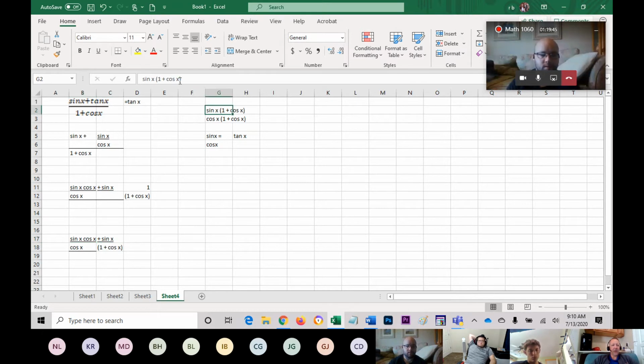So this is the cosine of x plus 1, essentially. Does that make more sense? The order doesn't matter on this. Cosine of x plus 1 divided by 1 plus the cosine of x, those still can cancel. That's still right. Does that make sense? Yeah, I think so. Okay.